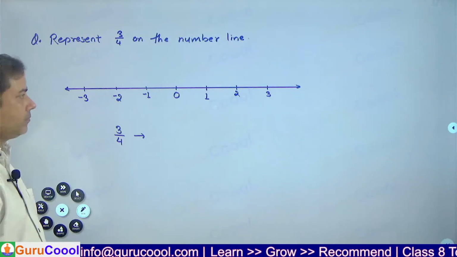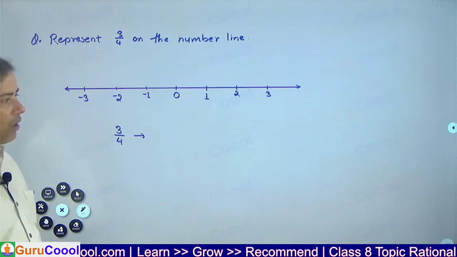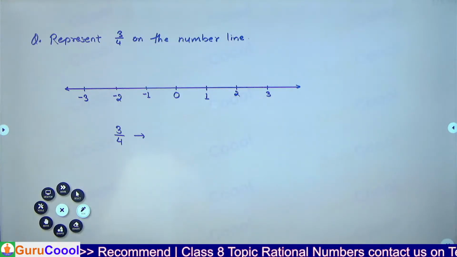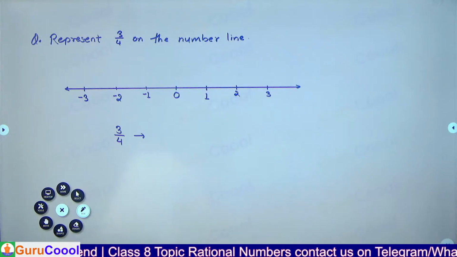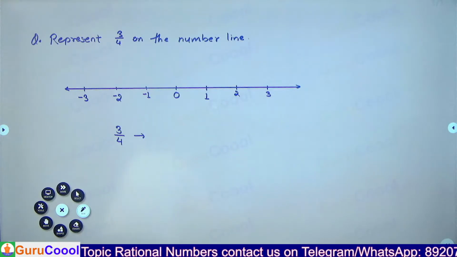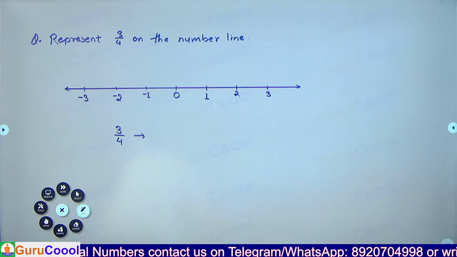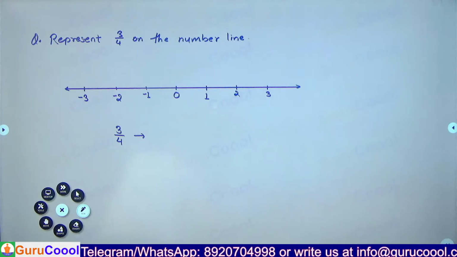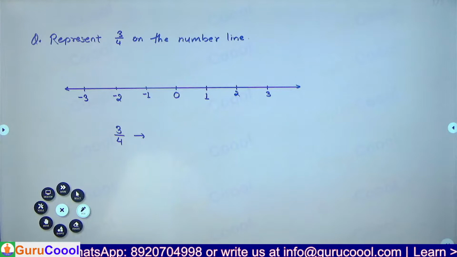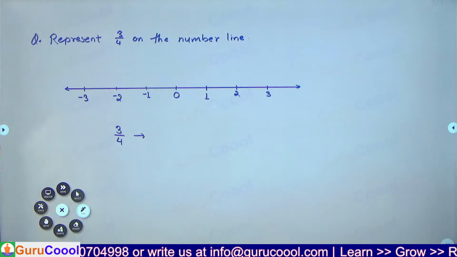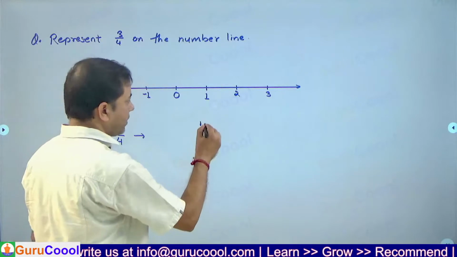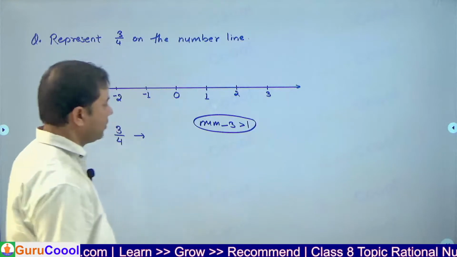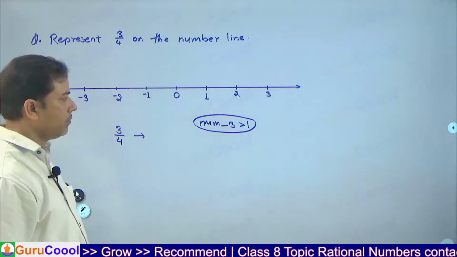It's improper, sir. Do you know any logic or are you just saying a word? Yes, sir. I have logic. That's very good. Can you tell me that logic? Yes, sir. In the numerator, there is 3, sir. It's more than 1, sir. Because the numerator is 3, which is more than 1, that's why it's an improper fraction, sir.